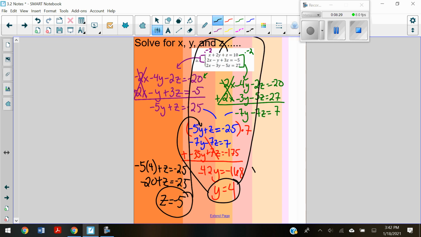So I have x plus 2 times y, which is 4, plus z, which is negative 5, equals 10. So I get x plus 8 minus 5 equals 10. All right. 8 minus 5 gives me 3, so x plus 3 equals 10. So my x has to equal 7.